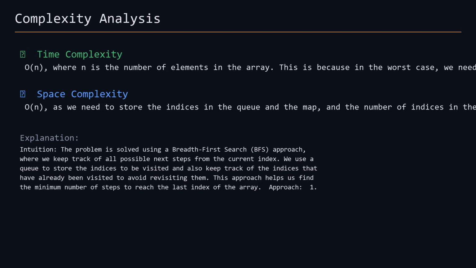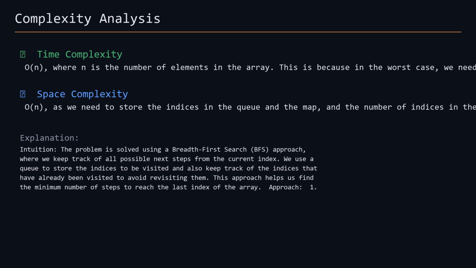The line int temp = arr[start] stores the value at the start index in a temporary variable. The line arr[start] = -1 marks the current index as visited by setting its value to -1. The line return canReach(arr, start + temp) || canReach(arr, start - temp) recursively explores the paths by jumping to the index plus the value at the start index, or the index minus the value at the start index.